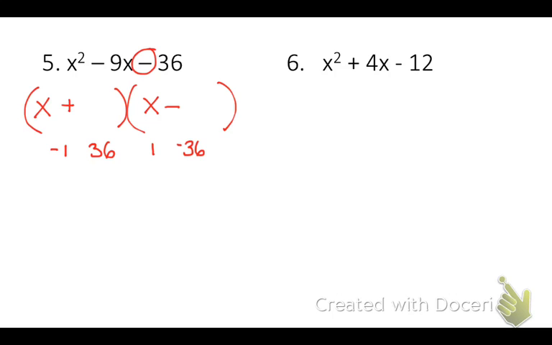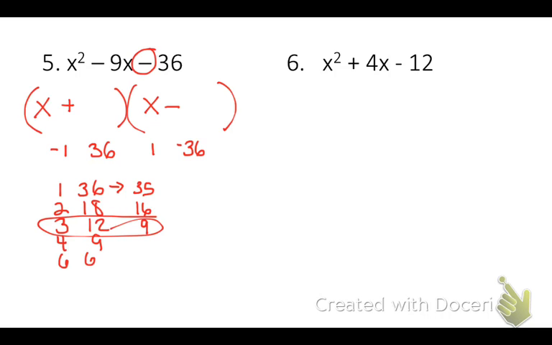So what I've always done, just because it's a little bit faster, is I think about, well, what would the difference be? 1 and 36, and then I only have to, rather than doing 2 extensive lists, just do like 2 and 18, 3 and 12, 4 and 9, 6 and 6. And then if I just find the difference, meaning subtract, so the difference here would be 35, here it would be 16, here it would be 9, so there it is.